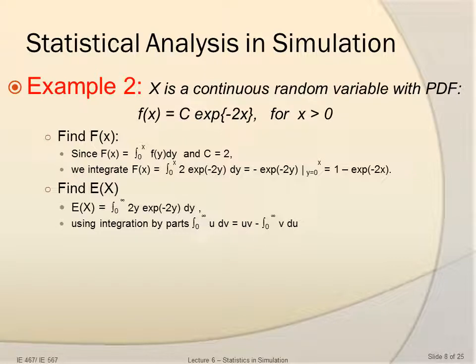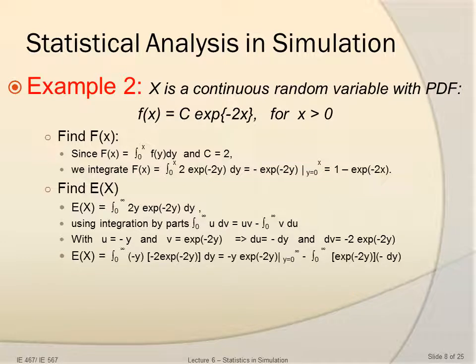So here, u was minus y and v was e to the negative 2y, and then in that case du is of course minus dy and dv is minus 2 times e to the negative 2y.